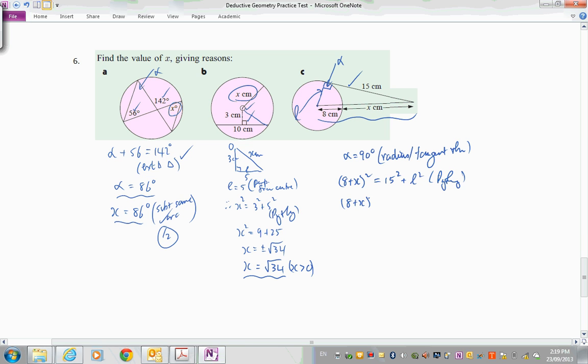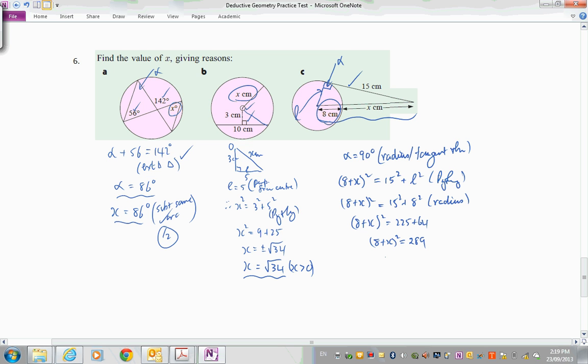x squared equals 15 squared plus, what is that? That's another 8, because it's a radius, isn't it? L is a radius, so it should give a reason, because it's going to equal the radius there of 8. That's a little tricky, too. Let's see if we can work this out. 8 plus x squared equals these two squared, 225 plus 64. 8 plus x all squared is, what is this, 289.